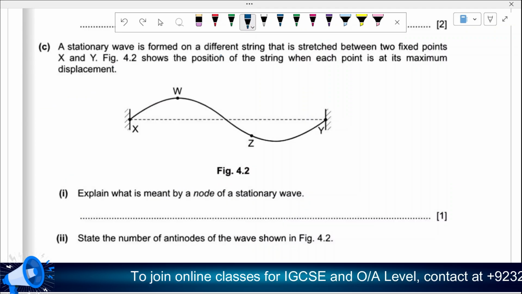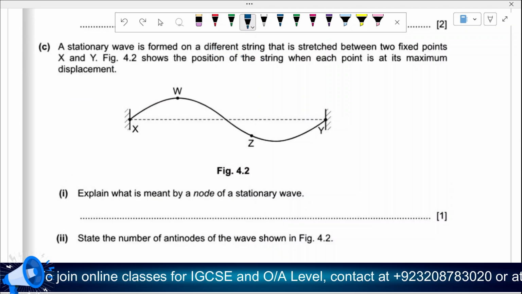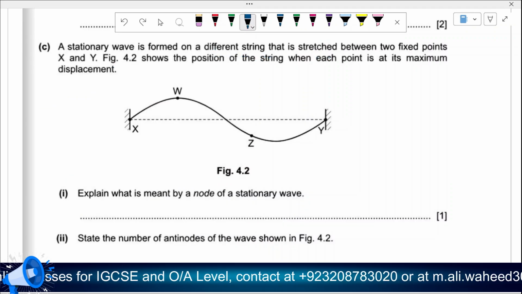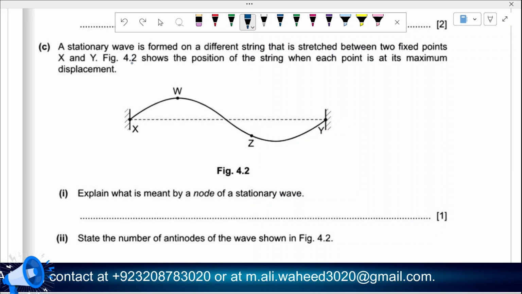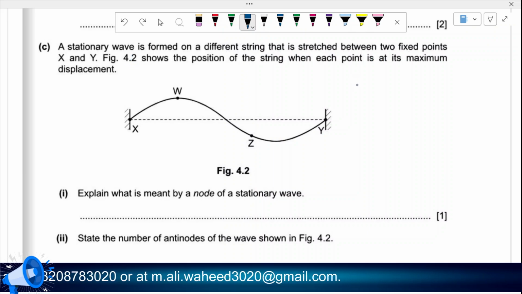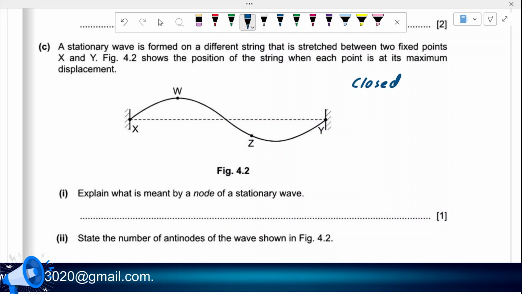Part C, a stationary wave is formed on a different string that is stretched between the two fixed points X and Y. So this is the stationary wave produced in the first case where you have both ends closed. State what is meant by the node of the stationary wave.